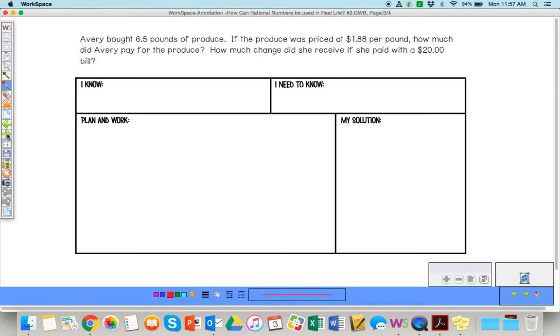Okay, so we know she bought 6.5 pounds. We know it was $1.88 per pound. Okay, what we want to know is how much change will she get back?